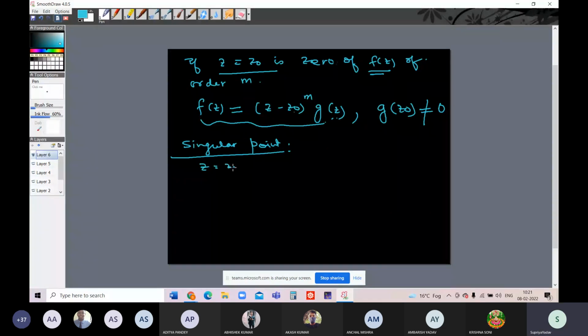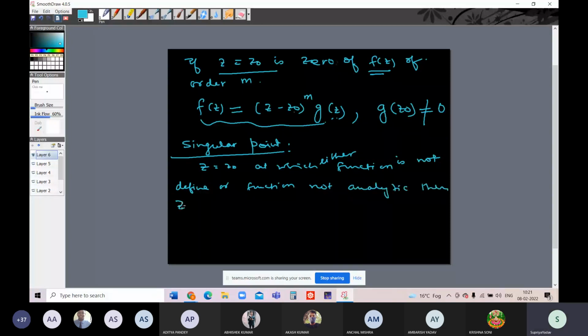So z₀ at which the function is not defined, or the function is not analytic, then z = z₀ is called a singular point.